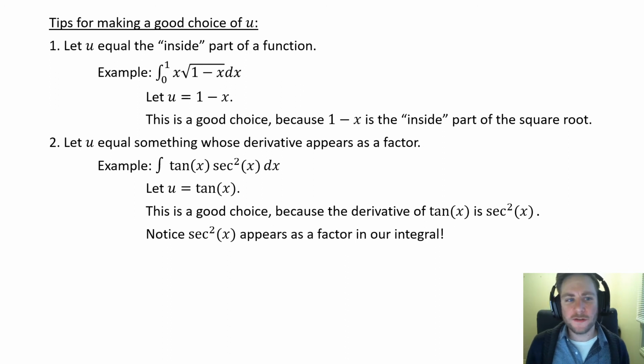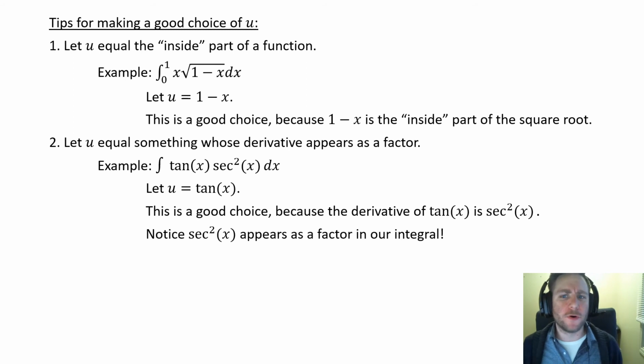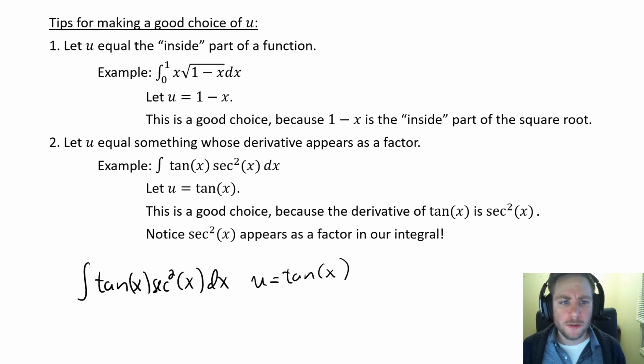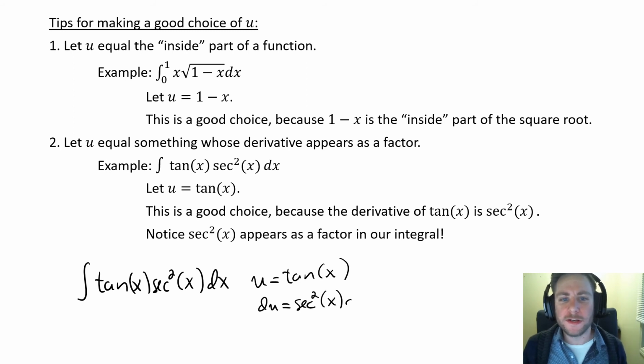But to convince ourselves of that, we can quickly work out the details to understand why it's important to have the derivative appearing as a factor like this. So if we do let u equal tan of x, we know that we still need to calculate du. But that's easy. Just take the derivative to find out that du is secant squared x dx.